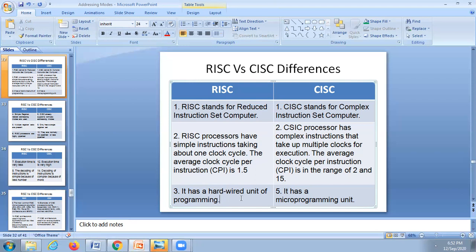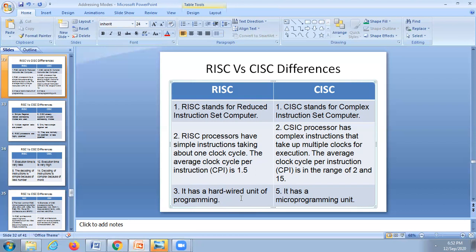Next, it has a hardwired control unit. Hardwired control unit, or microprogramming, differ as follows. If you take any CPU, the CPU will have basically 2 parts: one is the arithmetic logic unit, another one is the control unit.